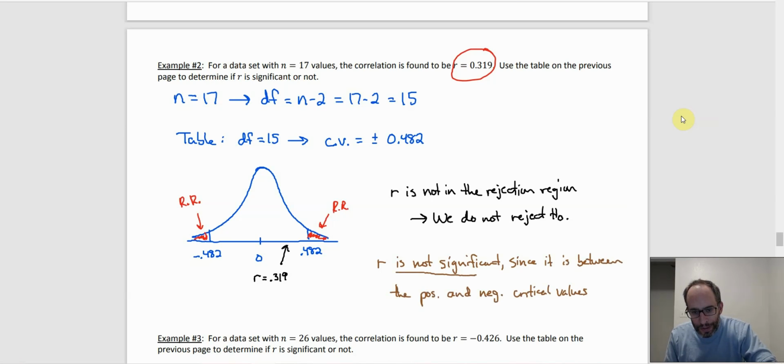All right, so it is not significant. It is between them, right?